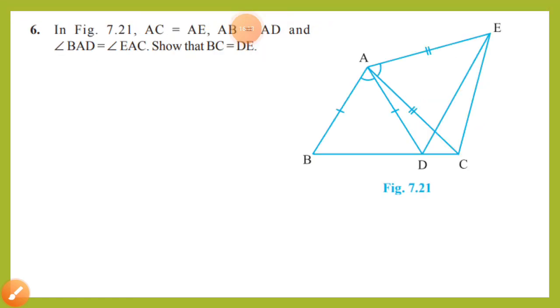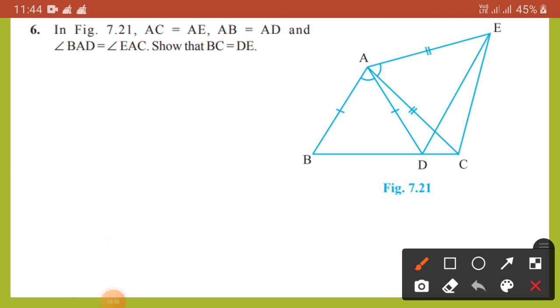Now the question is, in figure 7.21, AC is equal to AE, AB is equal to AD, and angle BAD is equal to angle EAC.